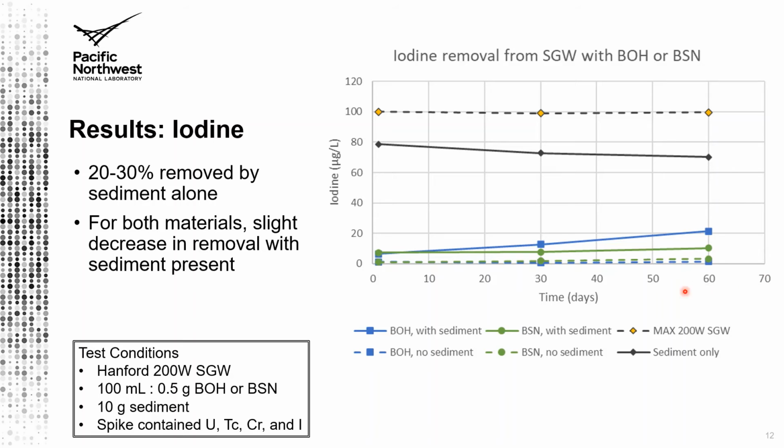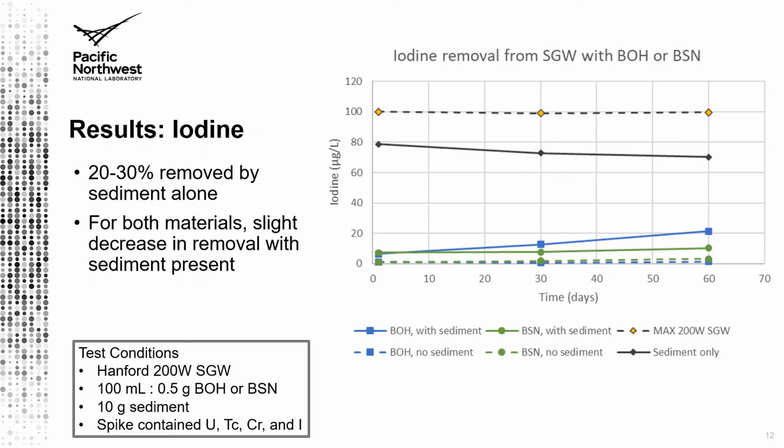You can see that the dashed lines for BOH and BSN, representing the sediment-free tests, are below the solid blue and green lines showing the sediment tests for BOH and BSN. You can also see that some of the iodine that was initially removed at the 24-hour time point has been released back into solution by the 60-day time point.